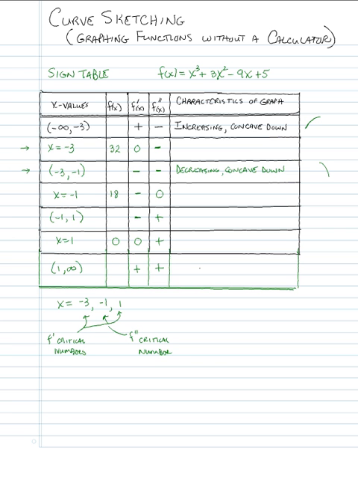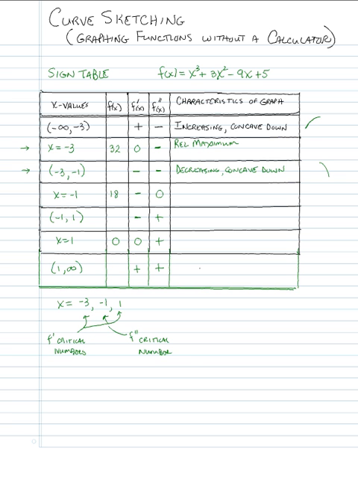But the table tells us that because we change from increasing to decreasing by looking at the positive to the negative when we went across 0 for the first derivative. So I'm looking in the first derivative column. And so that told me already that I had a relative maximum. So that's what that told me.